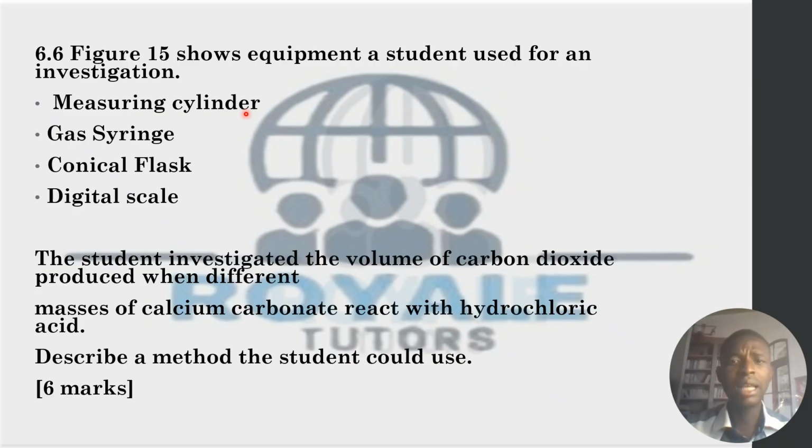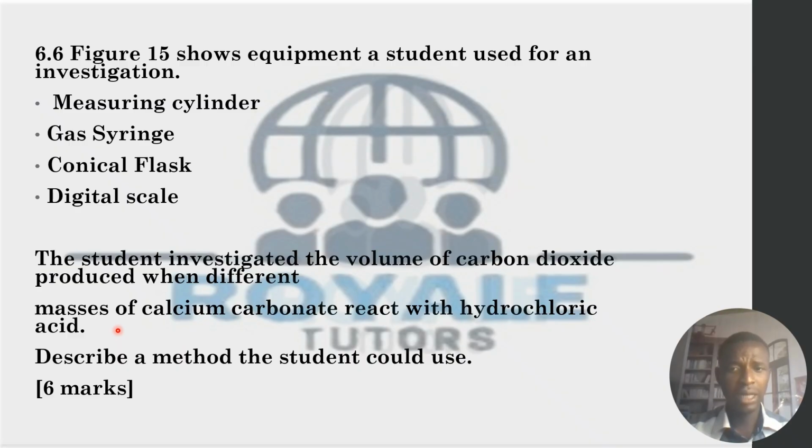In that particular question, we have the following equipment: the measuring cylinder, the gas syringe, the conical flask, and the digital scale. The student investigated the volume of carbon dioxide produced when different masses of calcium carbonate react with hydrochloric acid.